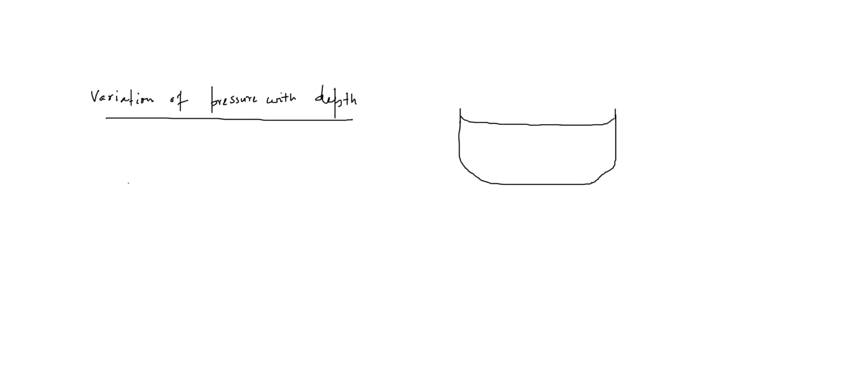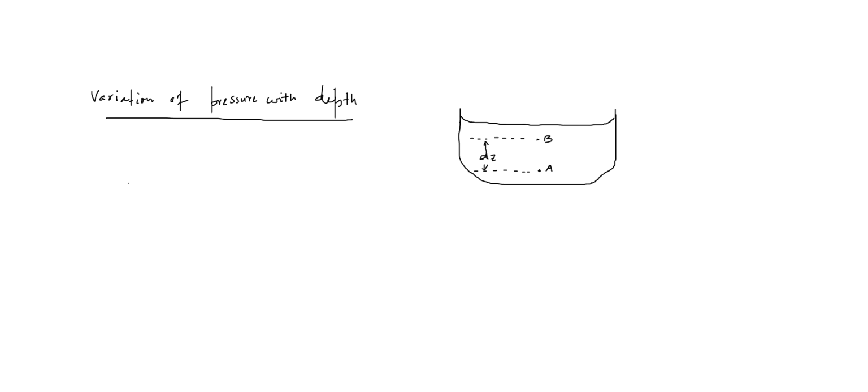Let us say here is a point A, and here is a point B. Let us consider these 2 points, separated by some very small distance, let us say dz, as height or depth is involved.